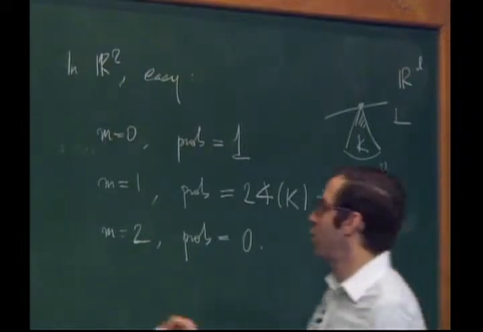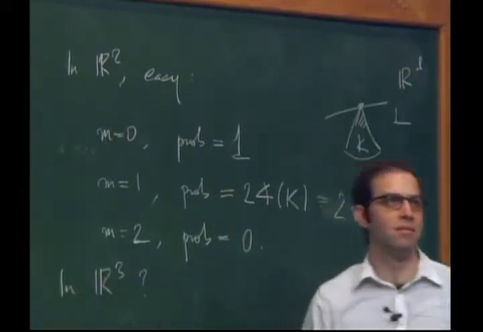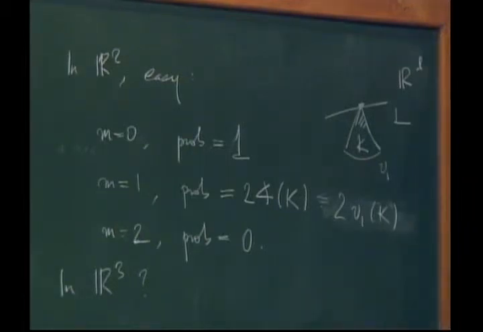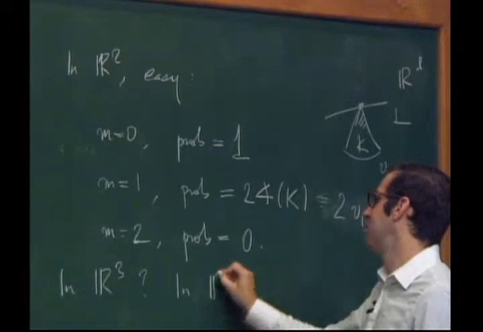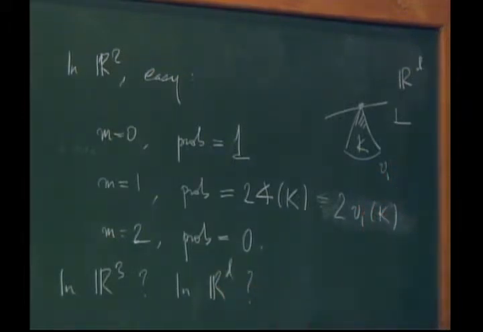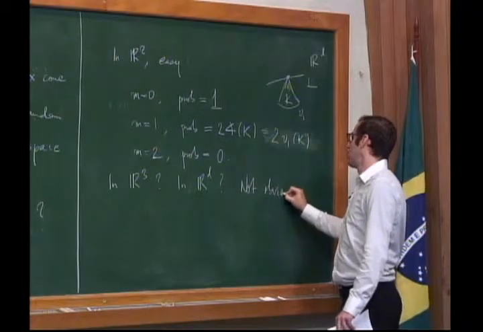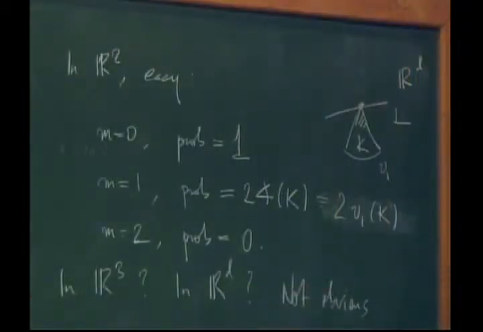So what do you think about R^3? Thoughts? That's not so obvious. What about in R^d? Not obvious at all. But it turns out that there is, in fact, an exact formula for this probability in every dimension.